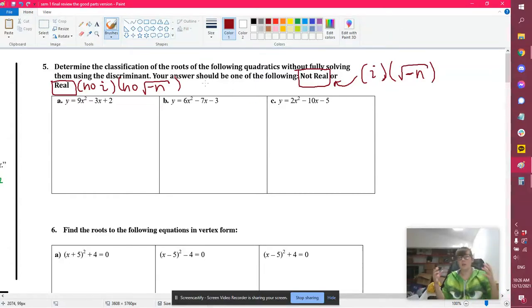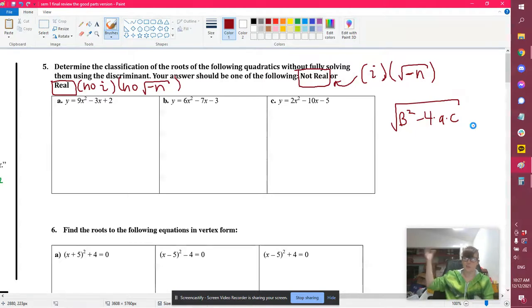If we're only concerned with seeing if there's negative numbers under the square root in the quadratic equation, we really only need to check the stuff under the square root. Right? We don't need to do the entire thing.